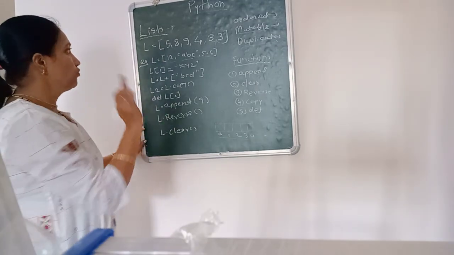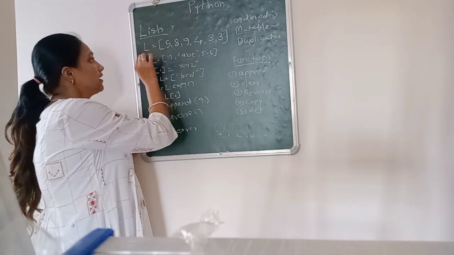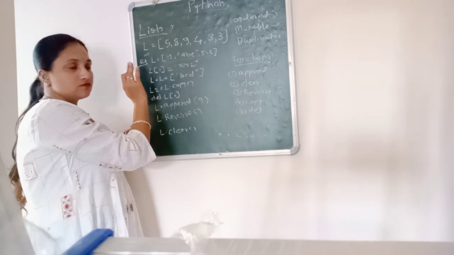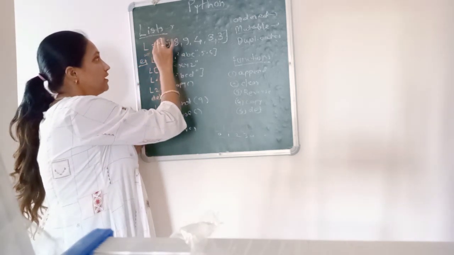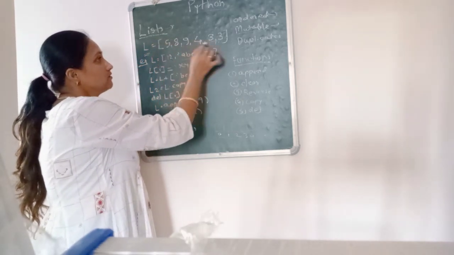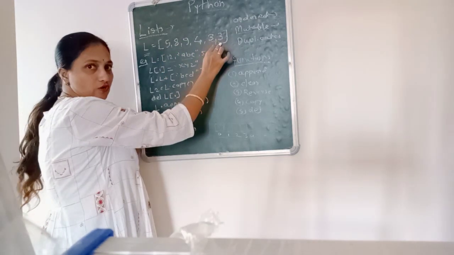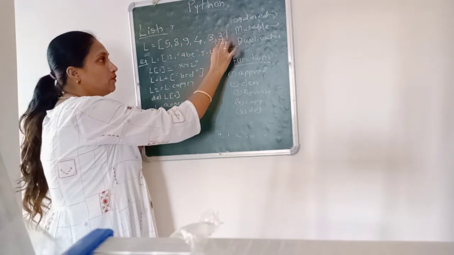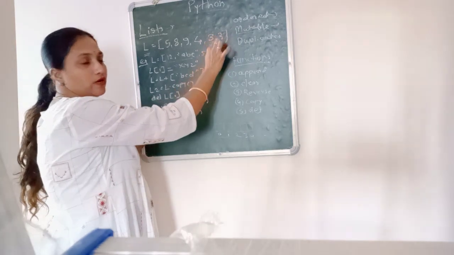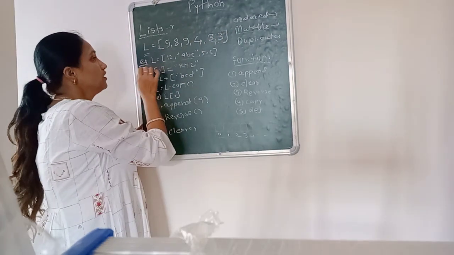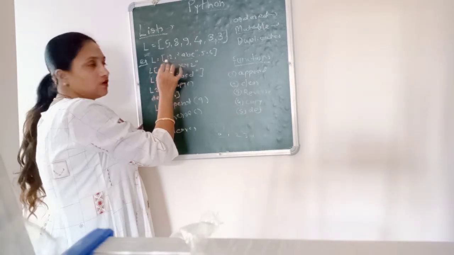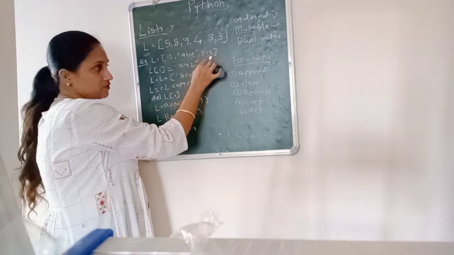Now I'll show you how to write a list. Take the name of the list equals to, in square brackets, just mention all the elements of the list, then complete the square bracket. Here I have taken an example of elements of different data types.